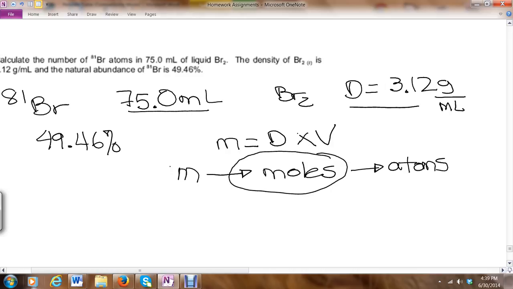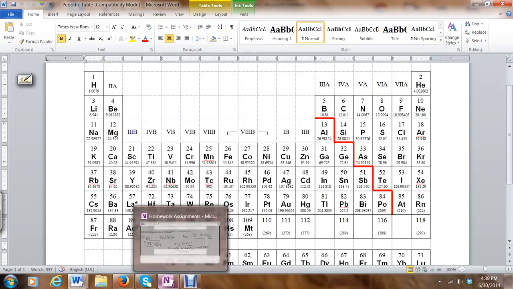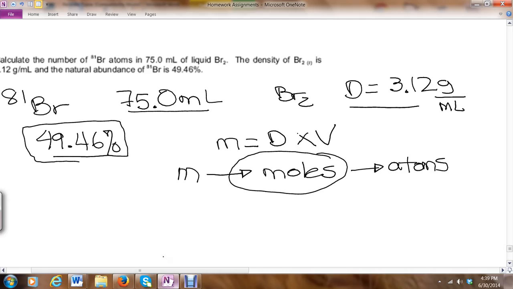Why? Because you only got 49.46% of the 81. When you look at the periodic table, it gives you 79.904, which is the isotope average mass.